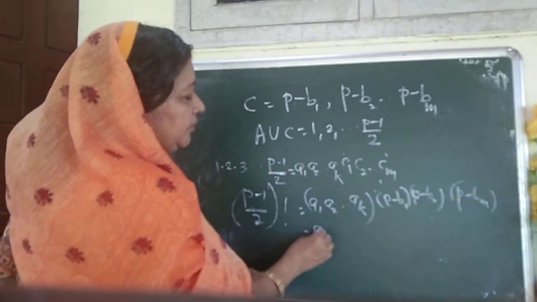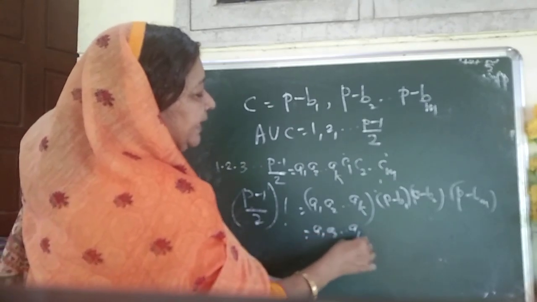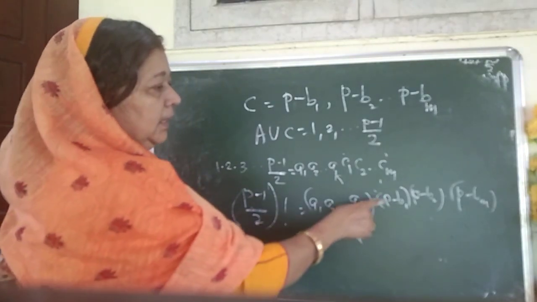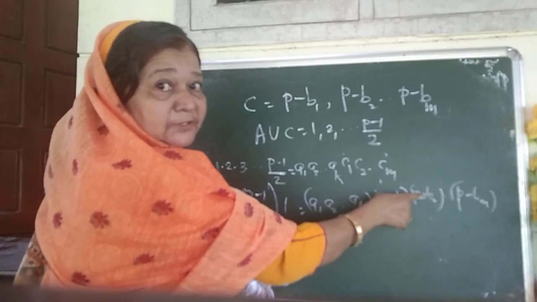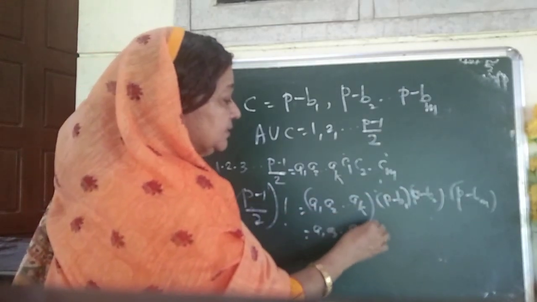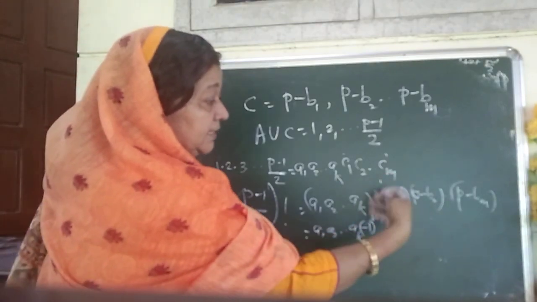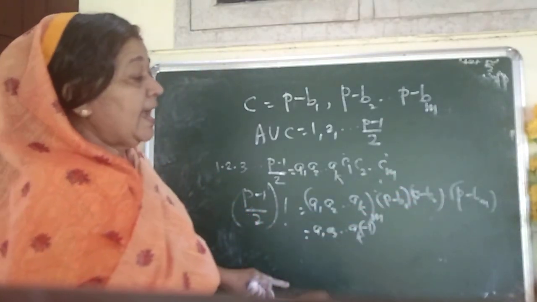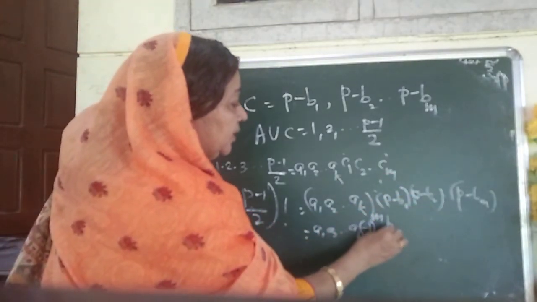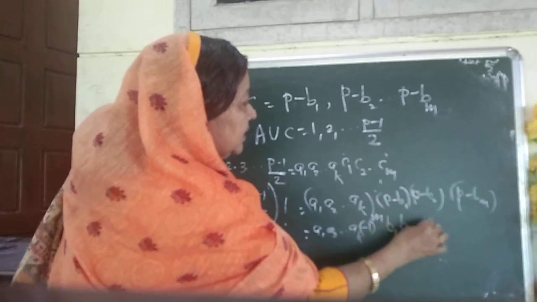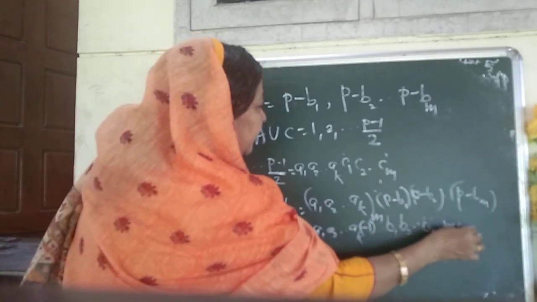That is A1 into A2 into etc. AK into minus B1 minus B2 etc. minus Bm. That is minus 1 raised to M. Into the so many terms are multiple of P, and the remaining terms is B1 into B2 into etc. Bm modulo P.